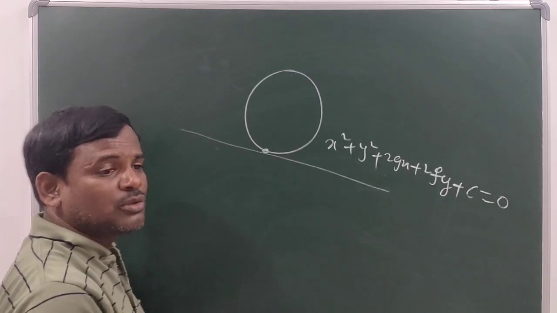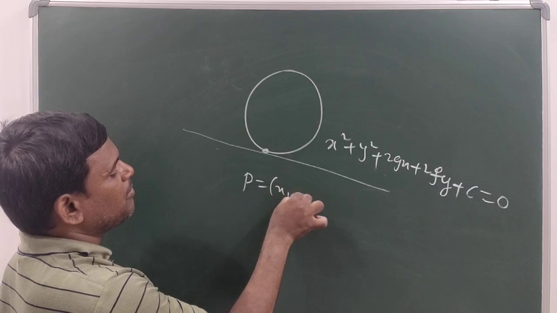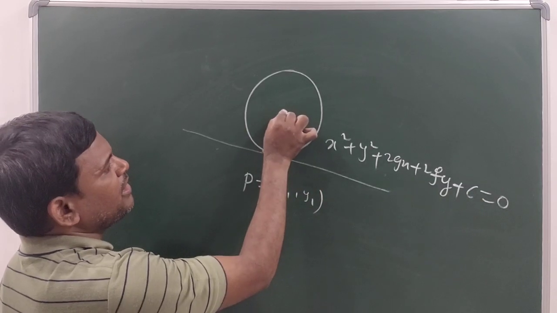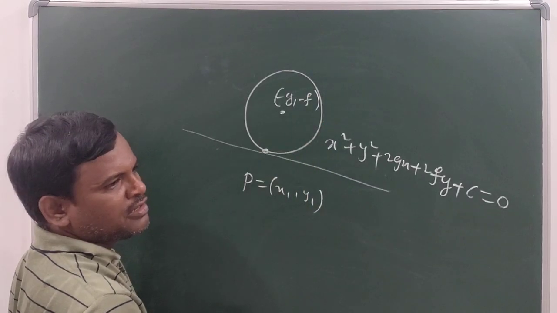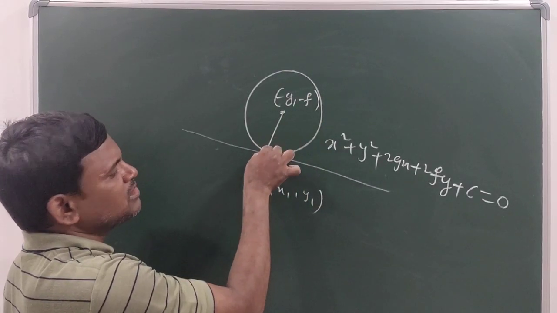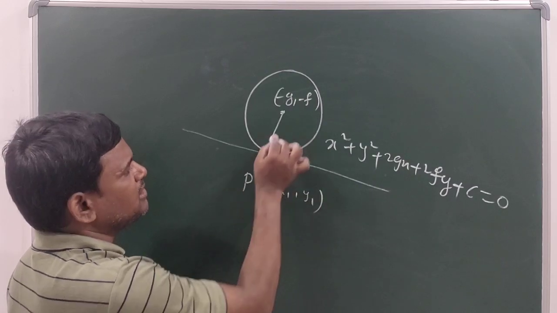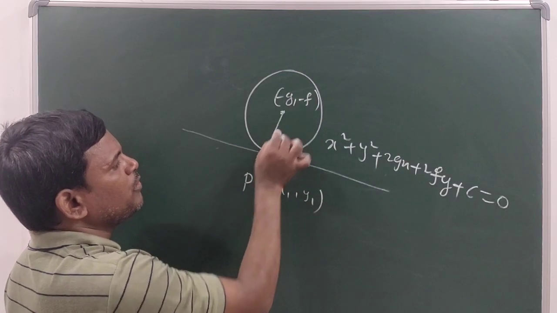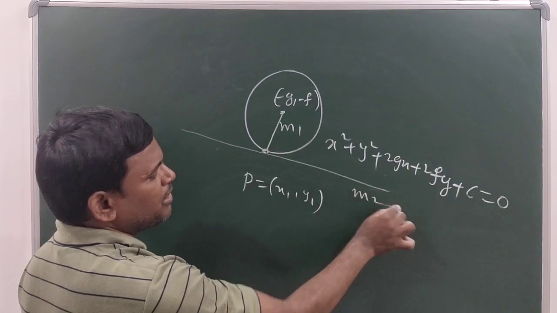Otherwise, you can do it like this also. The point of contact x1 comma y1 is given. Identify the center, minus g comma minus f. This radius makes 90 degrees with this tangent. Find its slope, that is m1, and find the tangent slope m2.